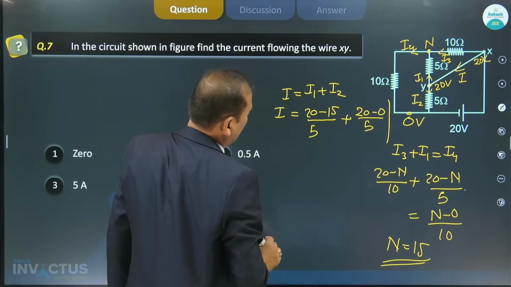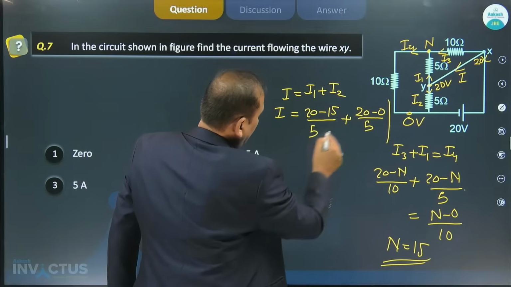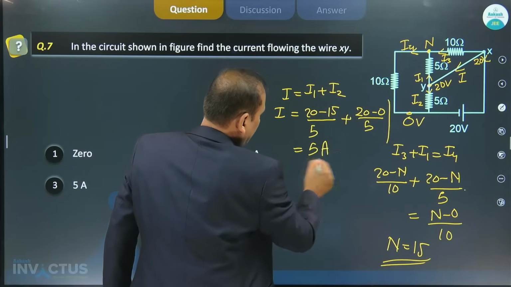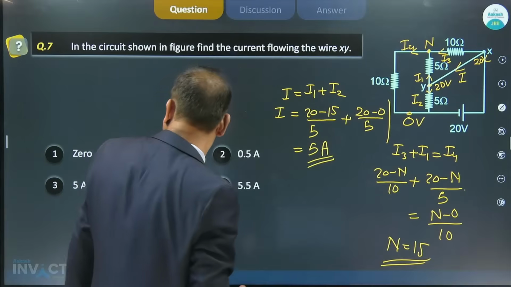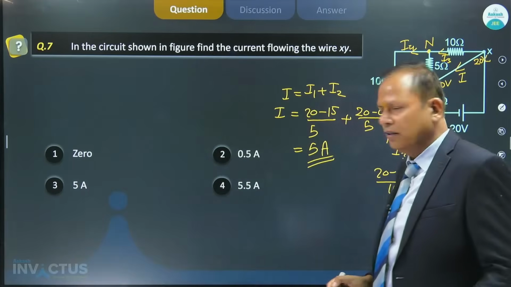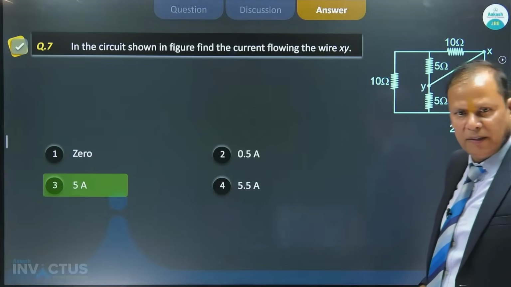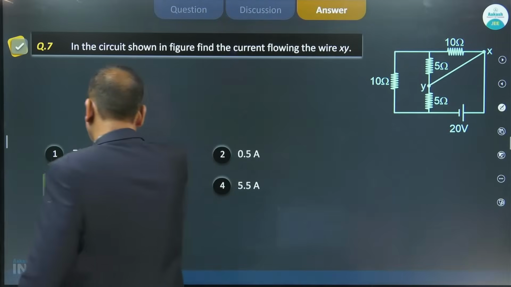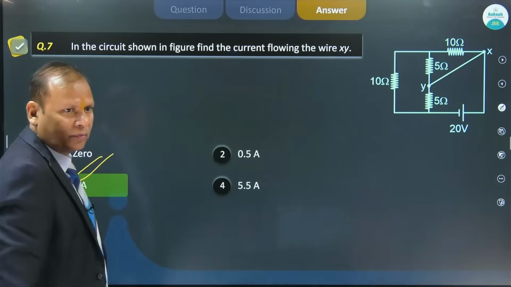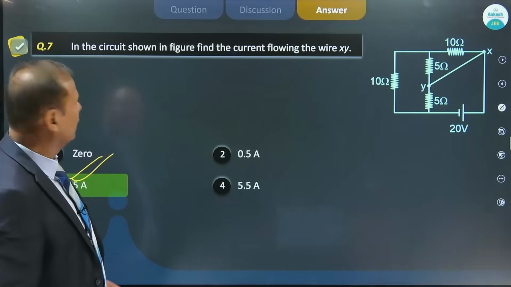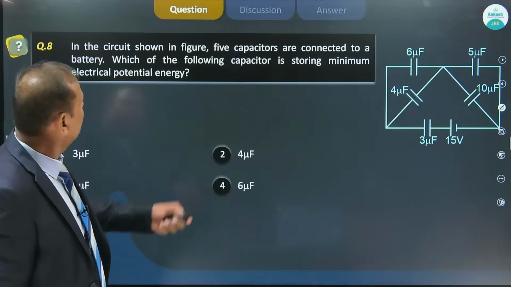So this is 1 plus 4, that is 5 ampere. Let's see the right answer, and it is 5 ampere. So let's move on to the next problem.